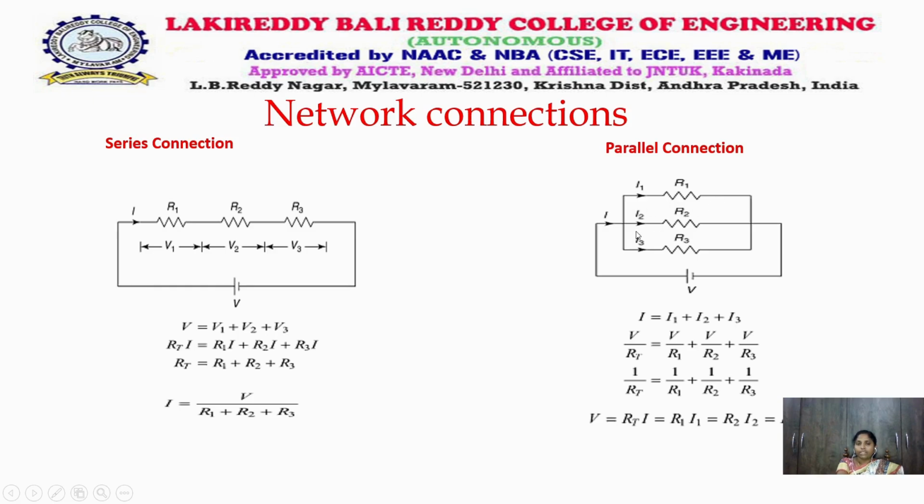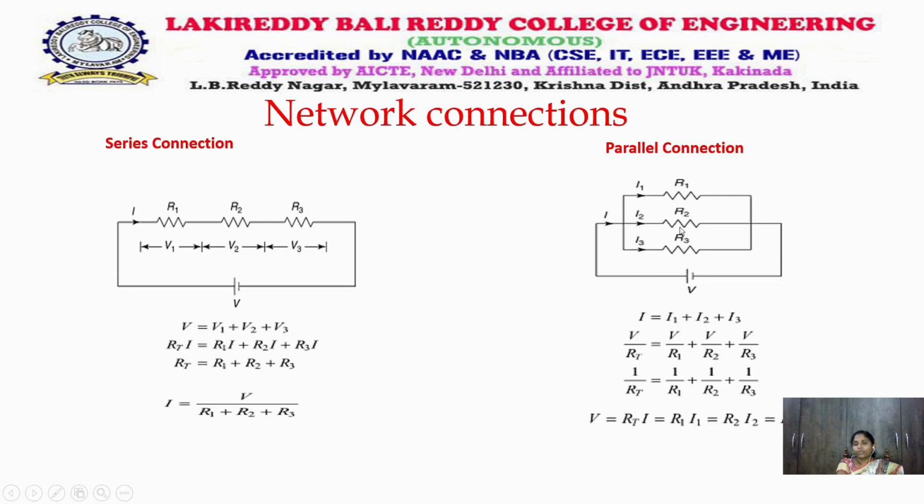In the series connection, the voltage divides across each element; the voltage is not the same across each element, but the current is the same. In the parallel connection, the current changes, but the voltage is the same.